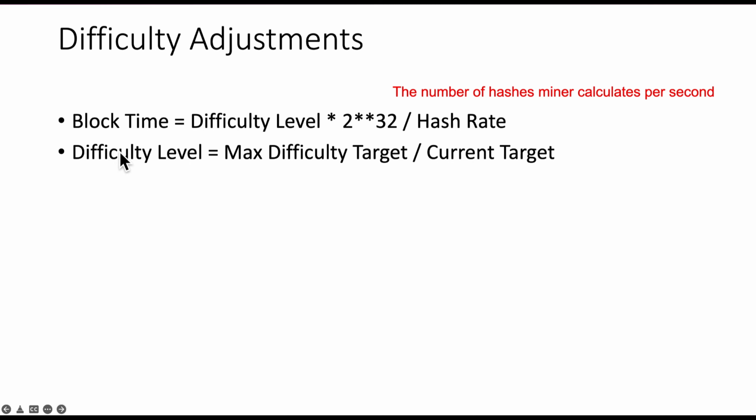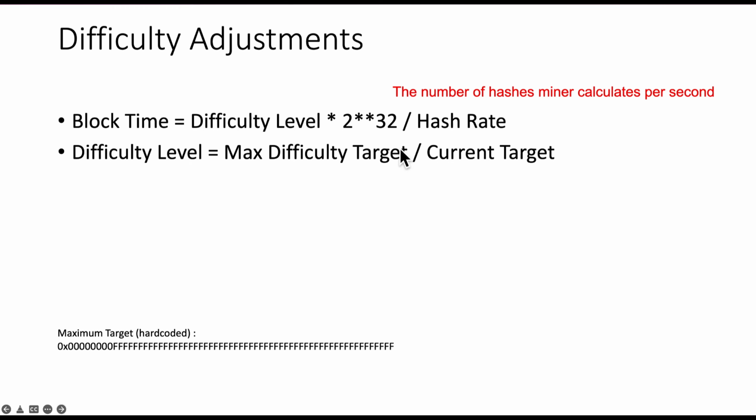And we know the maximum target is fixed, which is the number we mentioned before. Then we have the difficulty level and we have the maximum target. We can get the current target we need. This target will be used as the target for the mining of the next 2016 blocks.